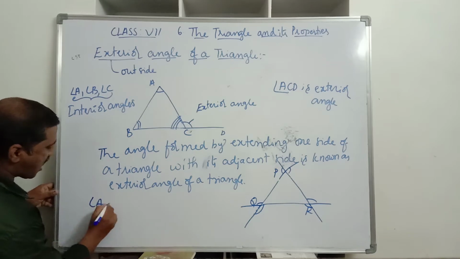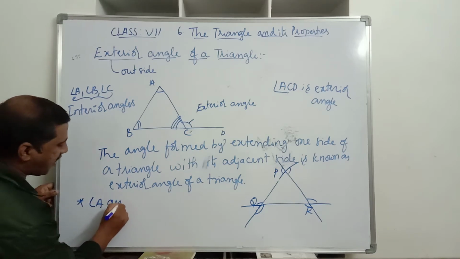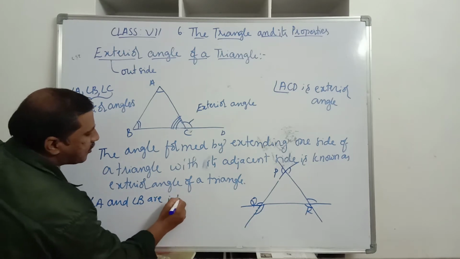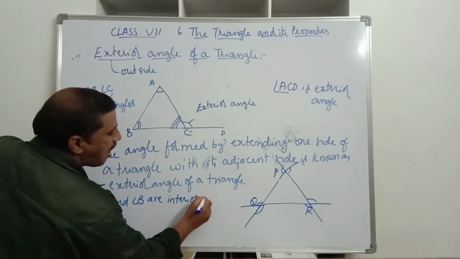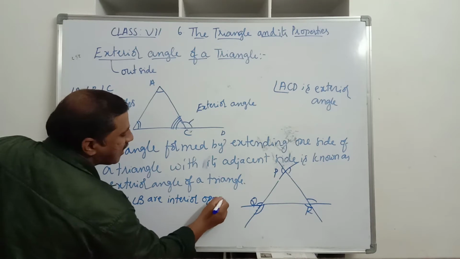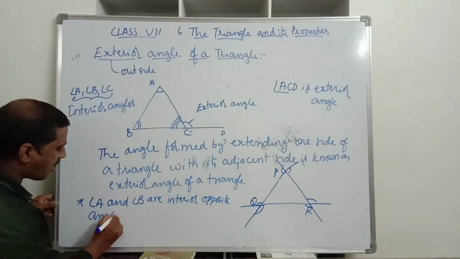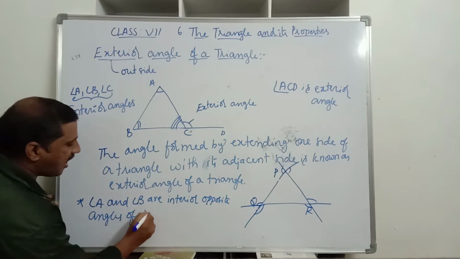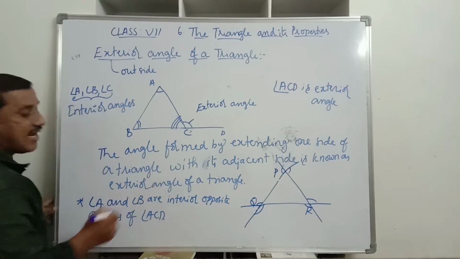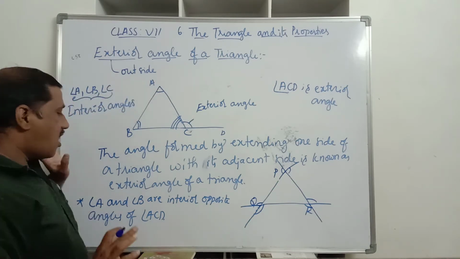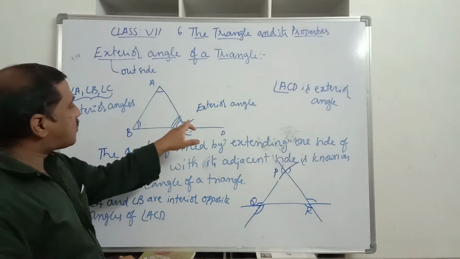Angle A and angle B are the interior opposite angles to angle ACD.